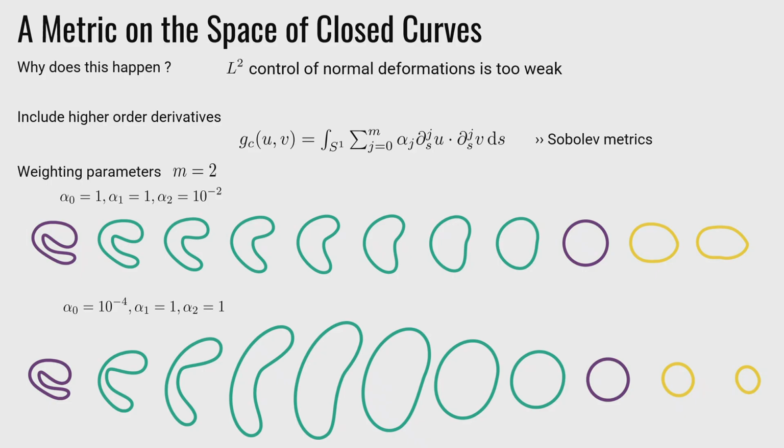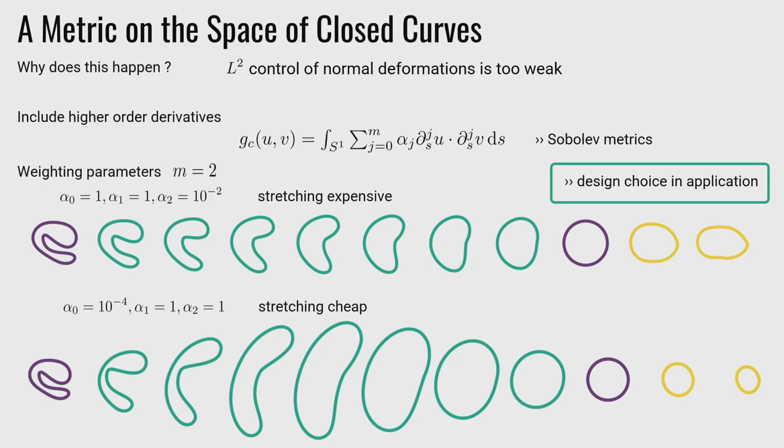You can also play around with the weighting parameters in front of the metric terms, and you get different looking interpolations, and in applications this would be a design choice. Depending on what you would like to model, you could choose your weights in a way that they refer to the behavior that you would like.